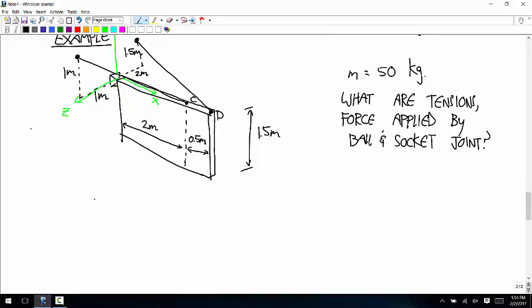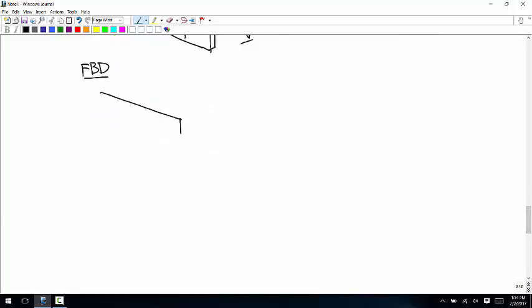Okay, so the first step is a free body diagram. So there's the body. At the middle, a weight force is applied, so that's 50 times 9.81, 490.5.